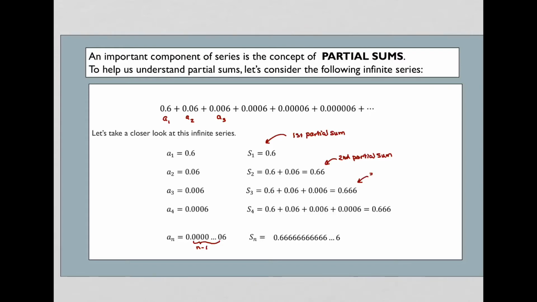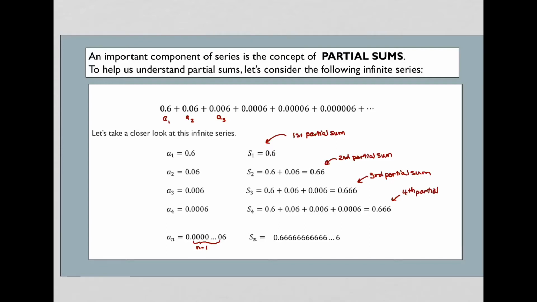We can continue looking at the rest of the partial sums. So if we have the third partial sum, S sub 3, that one is 6/10ths plus 6/100ths plus 6/1000ths, and if I add up those three terms together, notice I get 666/1000ths, or 0.666. Oh, and there's a typo on this one, see it? Down here, I have my fourth partial sum, and do you see my typo?